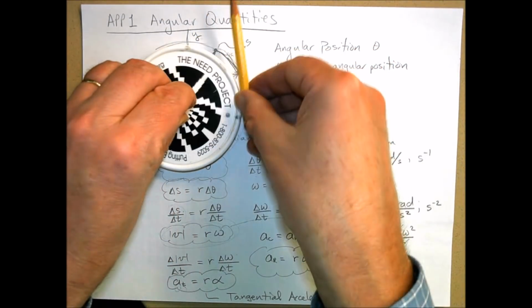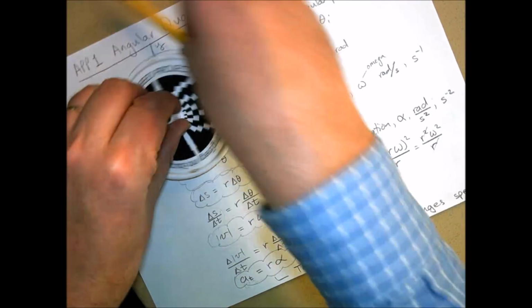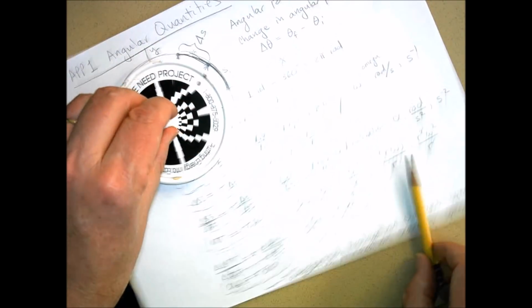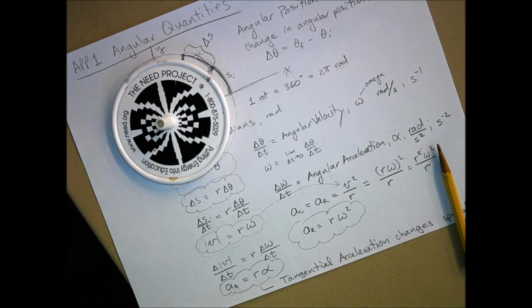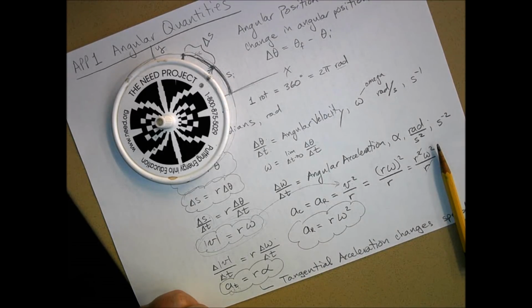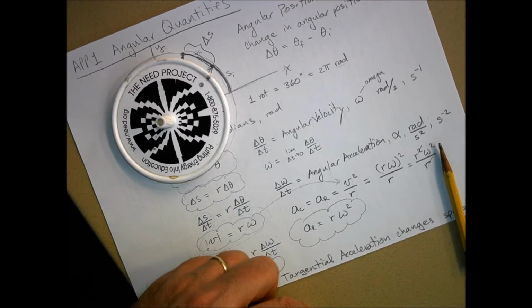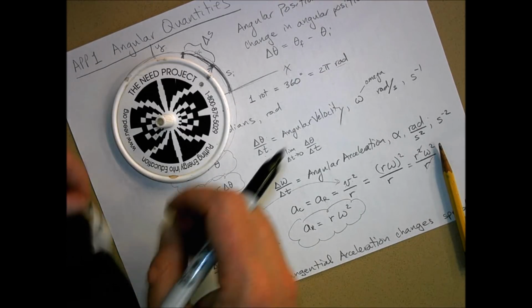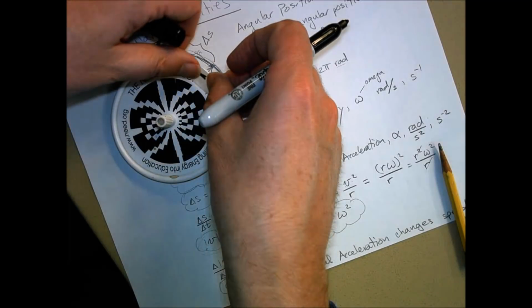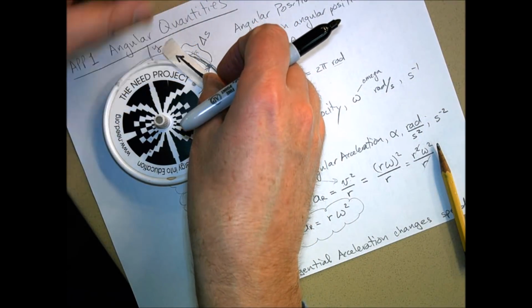Ooh, that would be cool if I taped a little arrow on there. Oh, I'm going to try it. This might not work, but I'm going to do it anyway. Little brainstorm. Yeah, that kind of works.